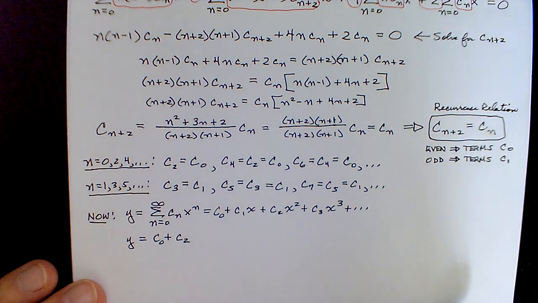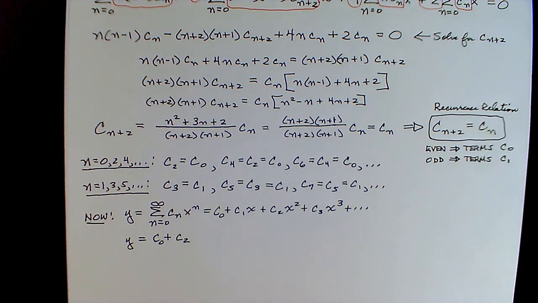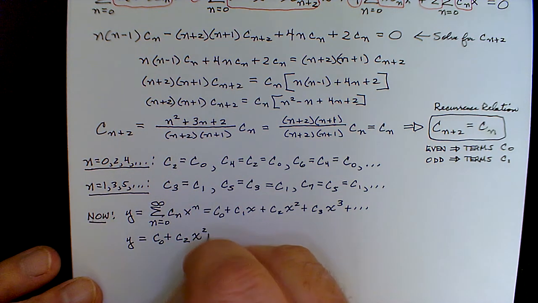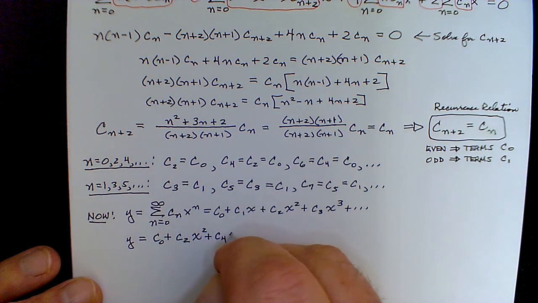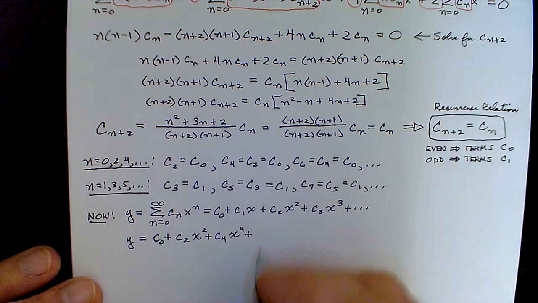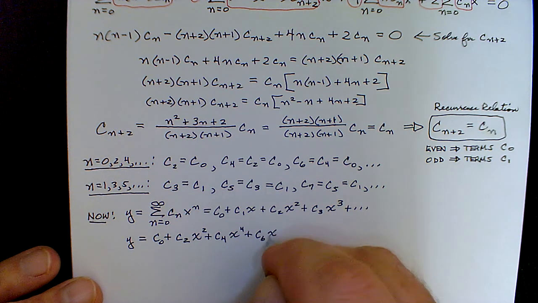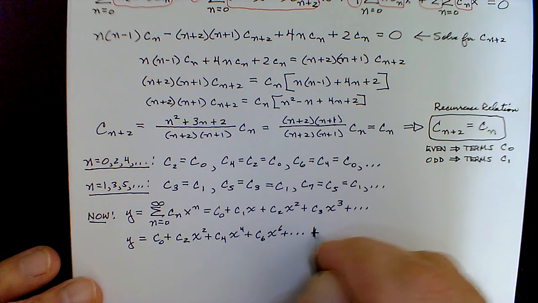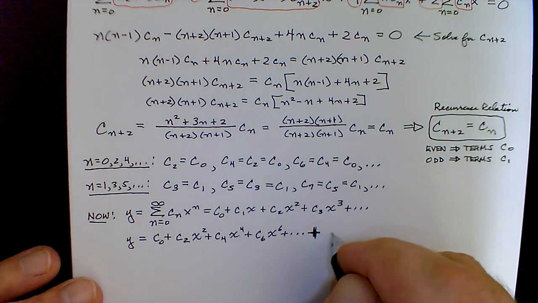Okay, so now let's break up the odds and the evens. So c sub 0 plus c2x squared plus c4x to the 4th plus c sub 6 x to the 6th, and so on. Okay, and then I'll put a big plus here. That's the evens.